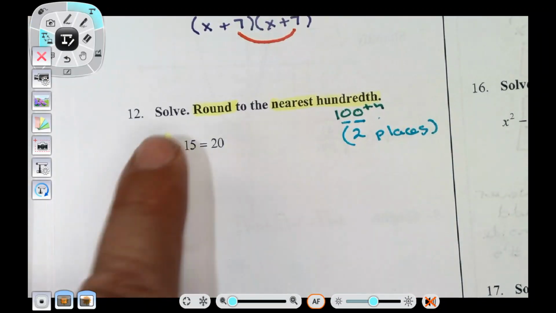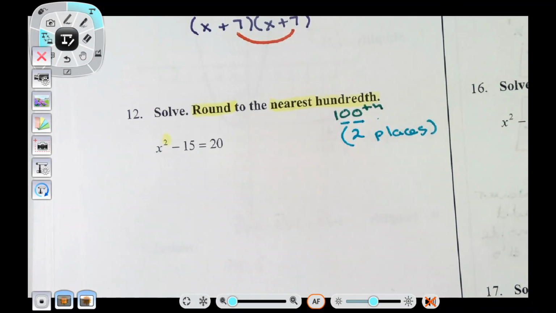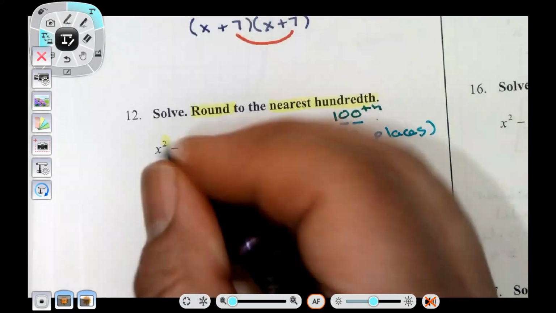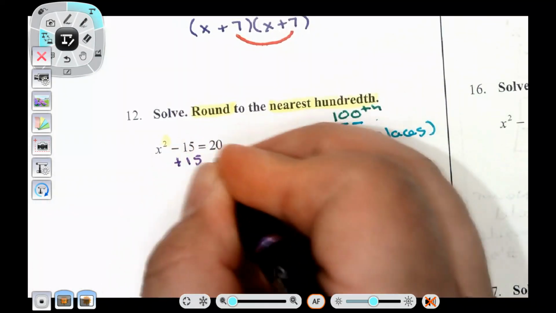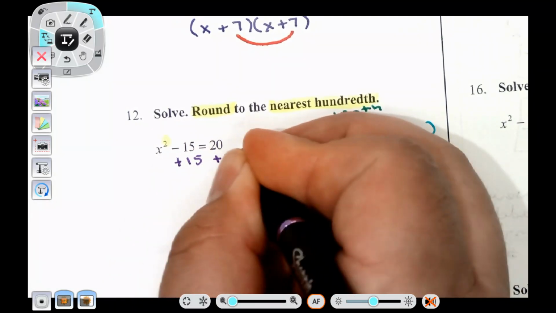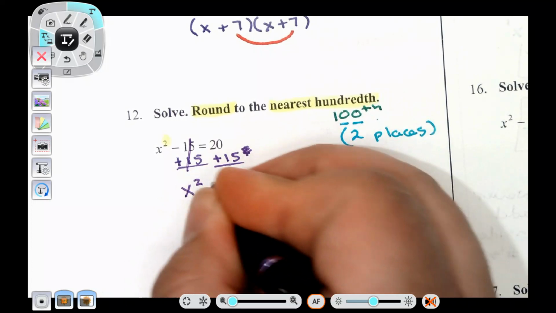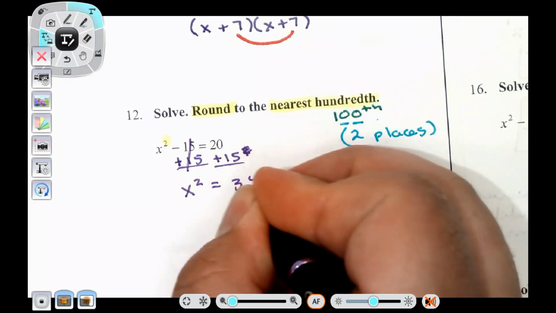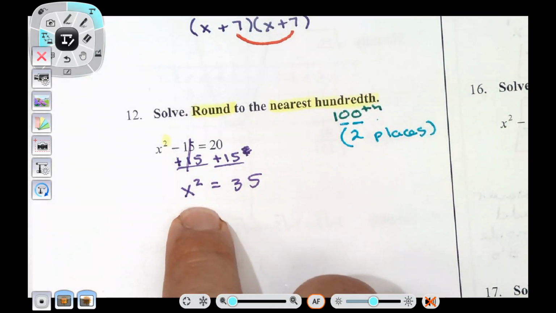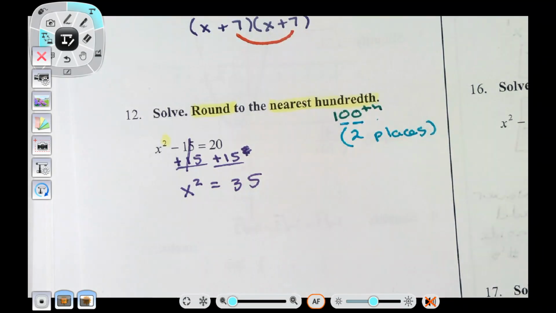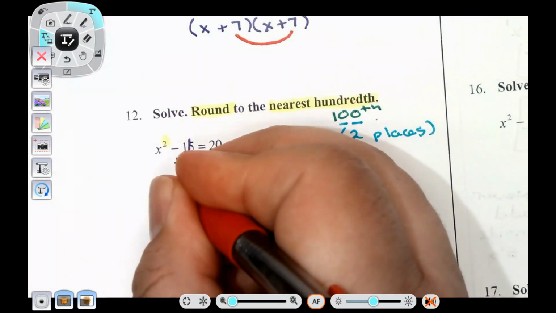So I only have one x. According to the note, I'm going to add the 15 because I'm trying to get the x squared by itself. X squared then is equal to 35. Now it's isolated. Well, according to my word wall, it says you're ready for a square root. So that was the thing we learned.